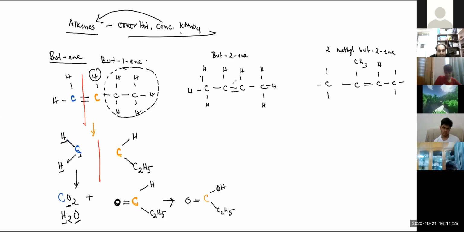If you break down but-2-ene, I'll ask Faiz Hassan. Yes, sir. If you try to break down this double bond, we have an orange carbon here and a blue carbon here.